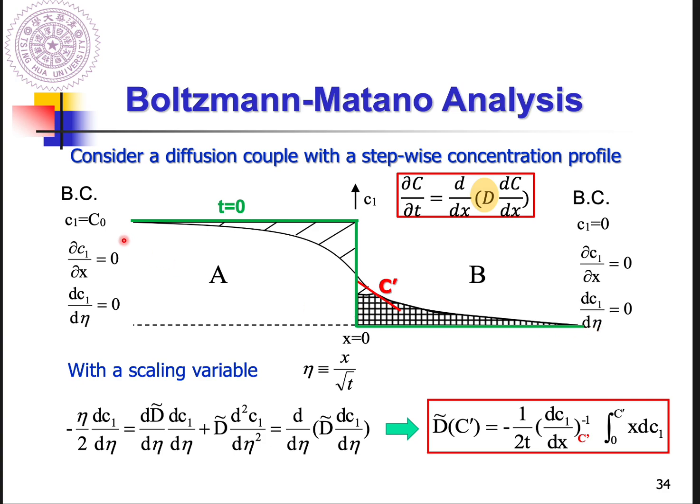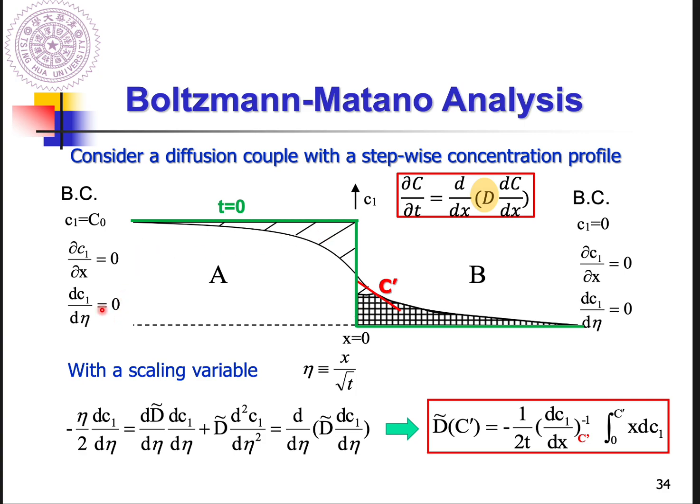Next we are going to identify the boundary conditions. For this diffusion couple, if we assume the interface is at x equals 0, then at negative infinity, Ca equals C0, and partial C partial x equals 0. This means the concentration profile of A does not change at negative infinity, because it is already far away, much larger than the diffusion distance.